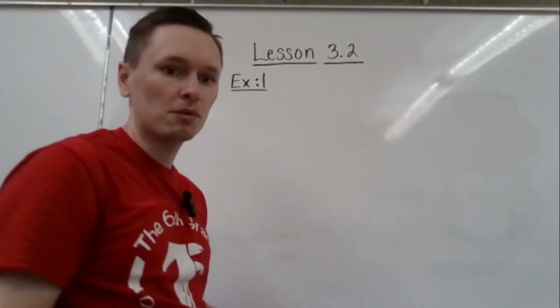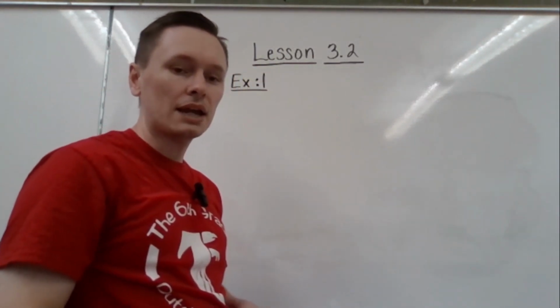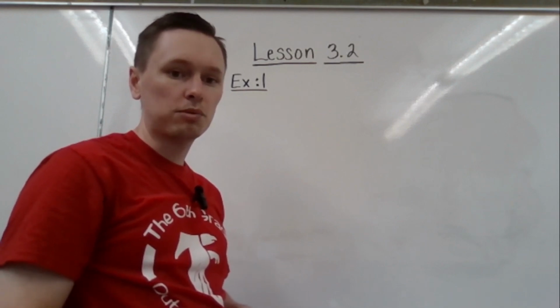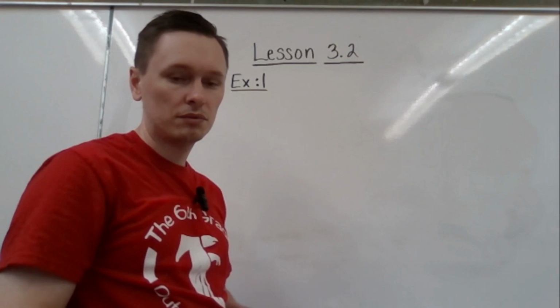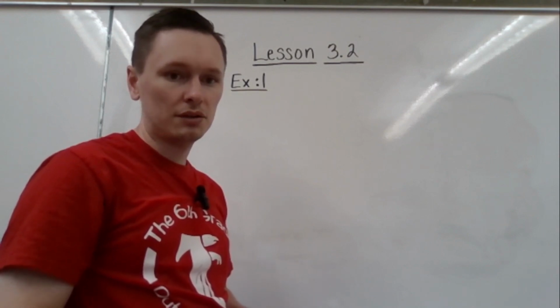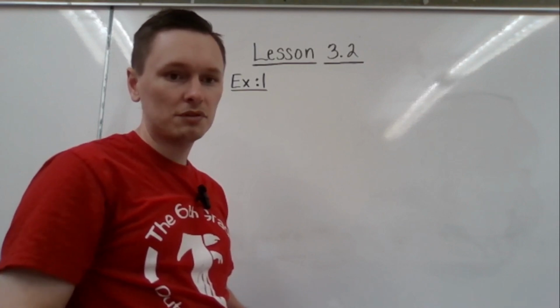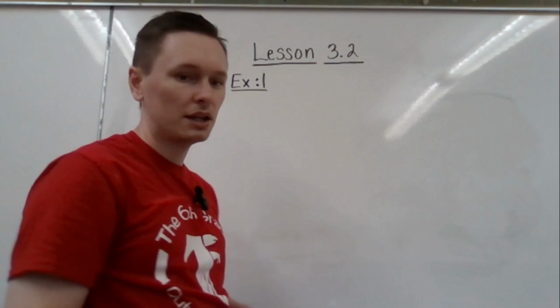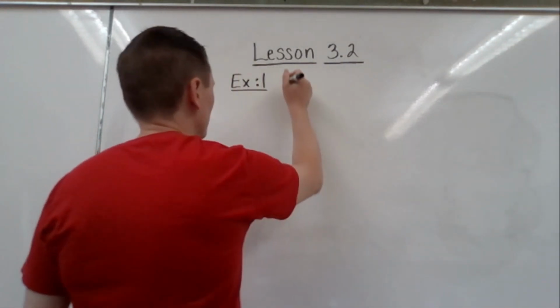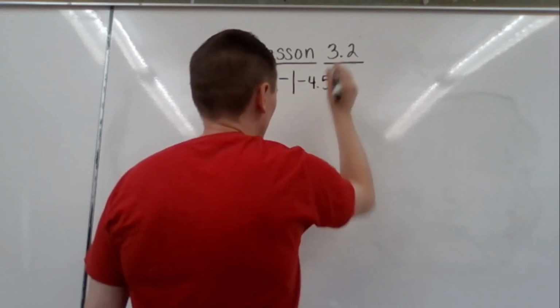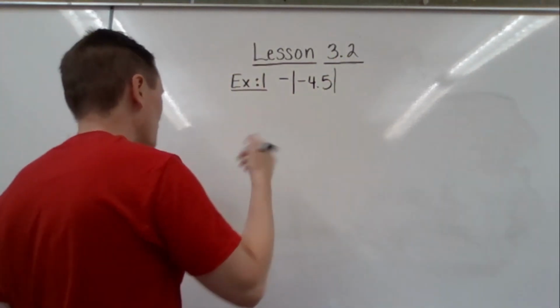Example number one is the negative absolute value of negative 4.5. We want to find the absolute value of negative 4.5. Oh, we know how to do this.